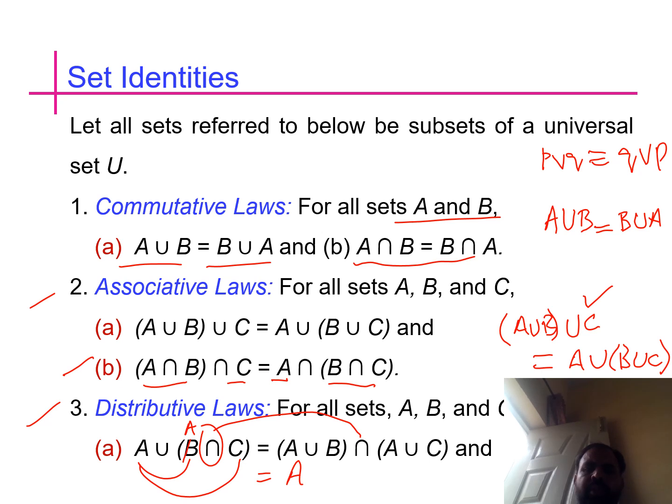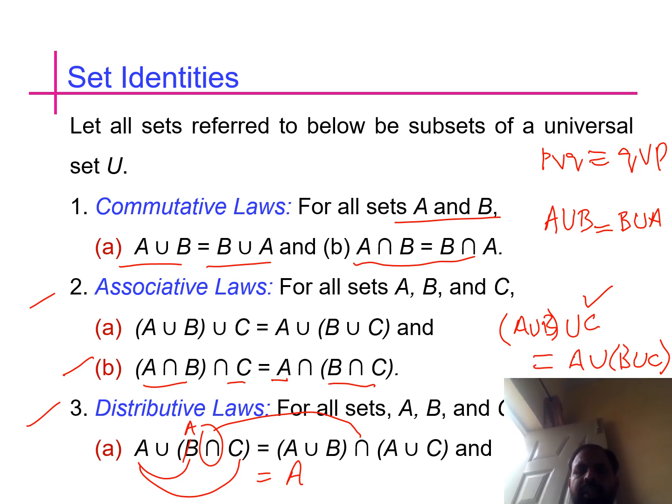Here we present the set identities. Let all sets referred to below be subsets of universal set U. First are the commutative laws.